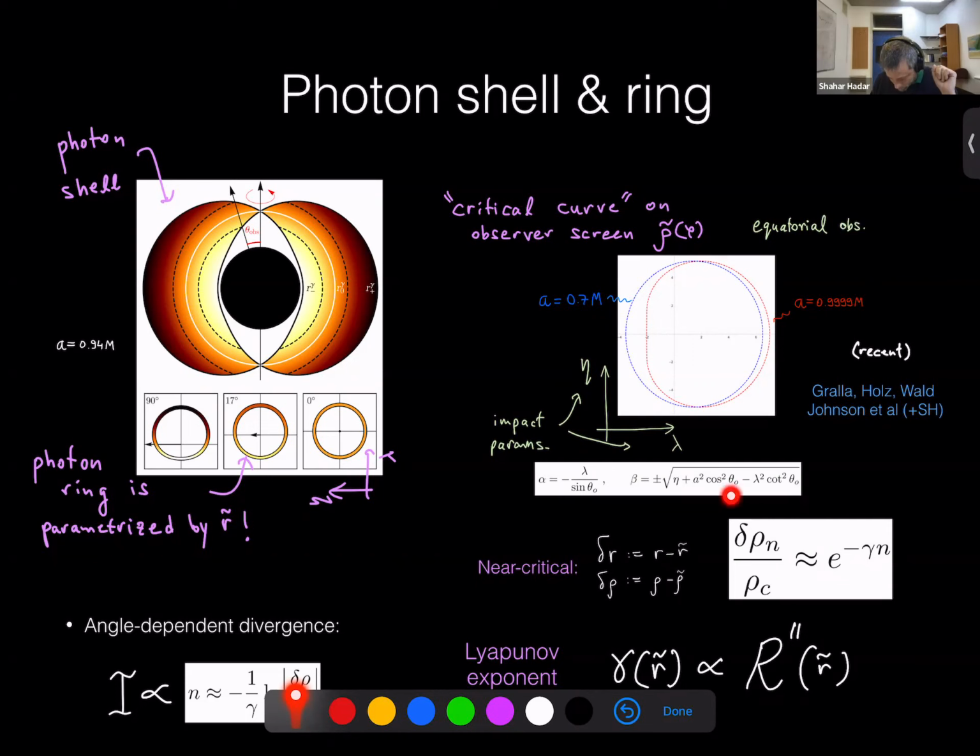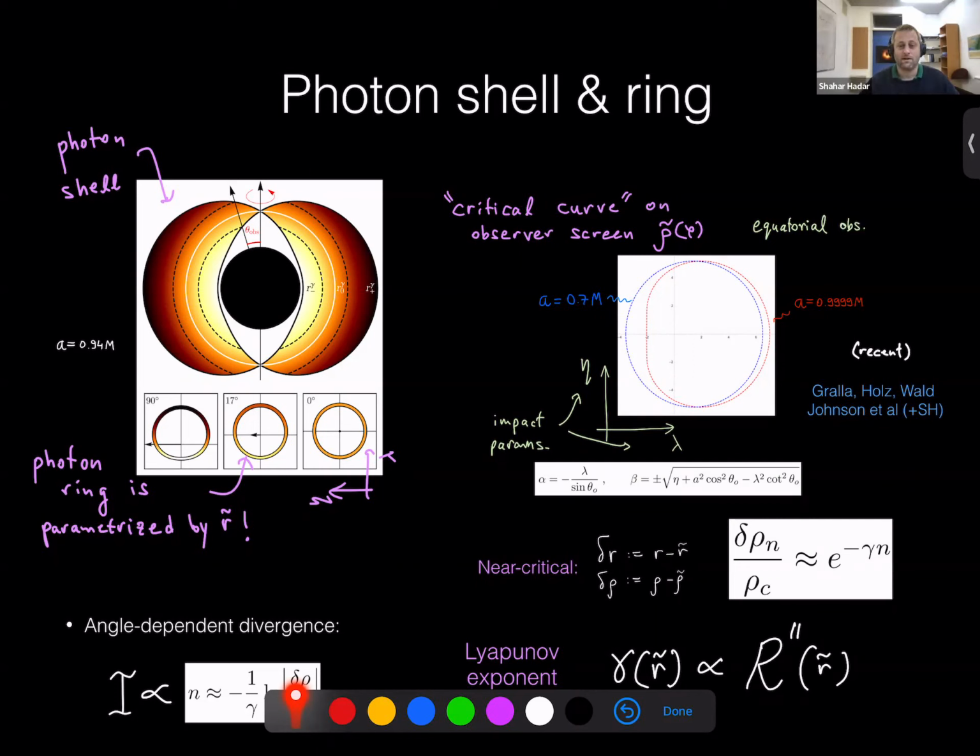This relation also depends, as you can see, on the observation angle theta O, and on the spin of the black hole, A. So there is a way of recalculating this in terms of what the person will see. But you're going to show us things in terms of lambda and eta, which are not exactly what the person will see. Is this correct? Yeah, I usually work with lambda and eta, but you can transform everything in terms of alpha and beta. Thank you.